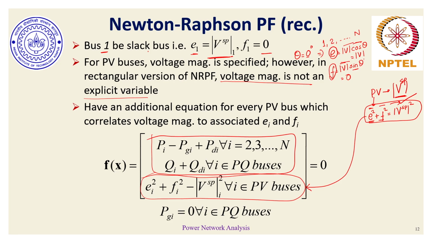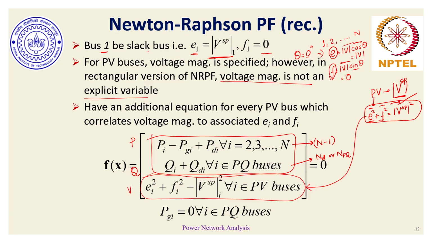So basically, we have three sets of equations for Newton Raphson in rectangular coordinates. The first set refers to real power equations for all buses except the slack bus, so P is n-1 equations. We have the same Q equations as we saw in Newton Raphson for polar coordinates, whose dimension is ND or NPQ, the number of PQ buses in the network.